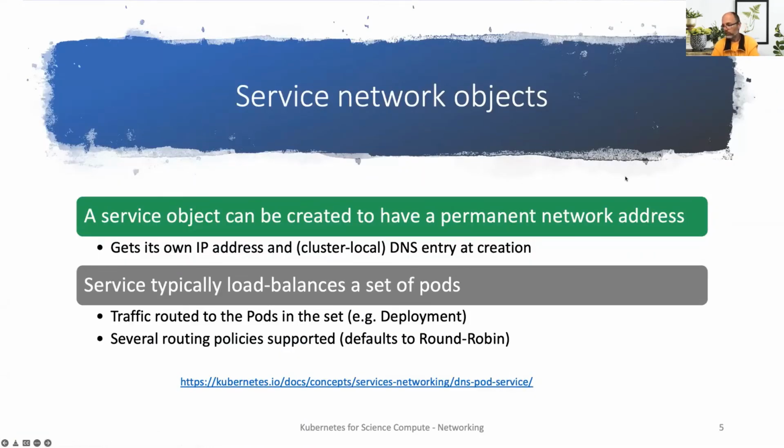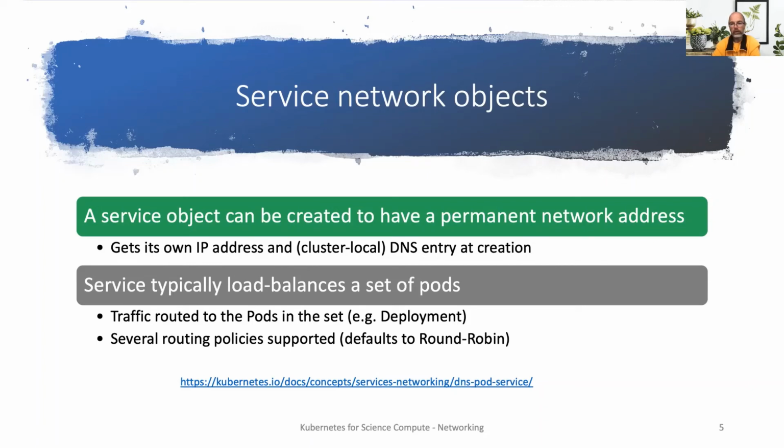But while that is useful for interactive use, if you want to do something a little more automated, you want additional bells and whistles. And here is where the service network objects come in handy. A service object essentially creates a permanent name that is associated with a permanent IP address, at least for the life of the service.